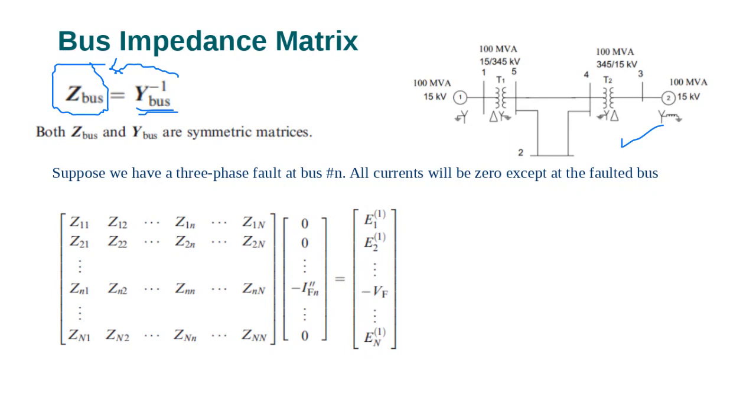We do not determine Z. We determine Y bus, and then the inversion of Y bus will give us this Z. So this Z11 is the Thevenin impedance of bus number 1. Z22 is the Thevenin impedance of bus number 2, and so on. So capital N here means the number of buses.